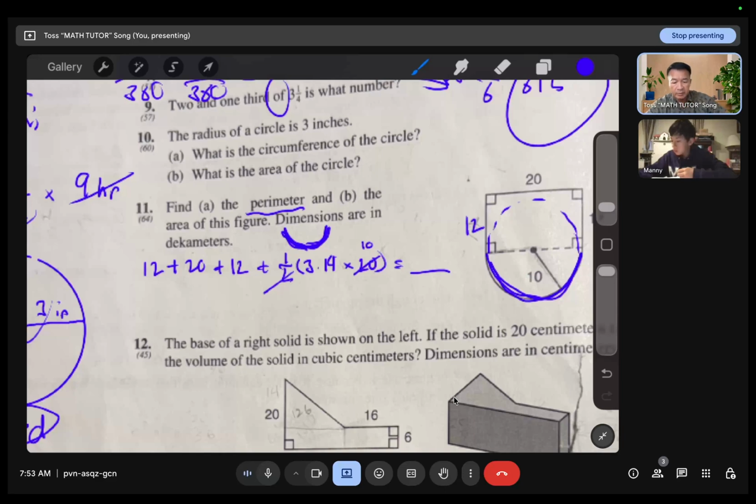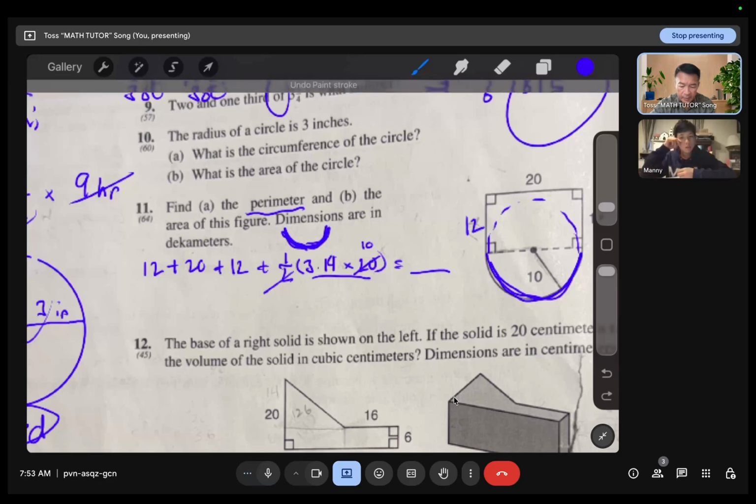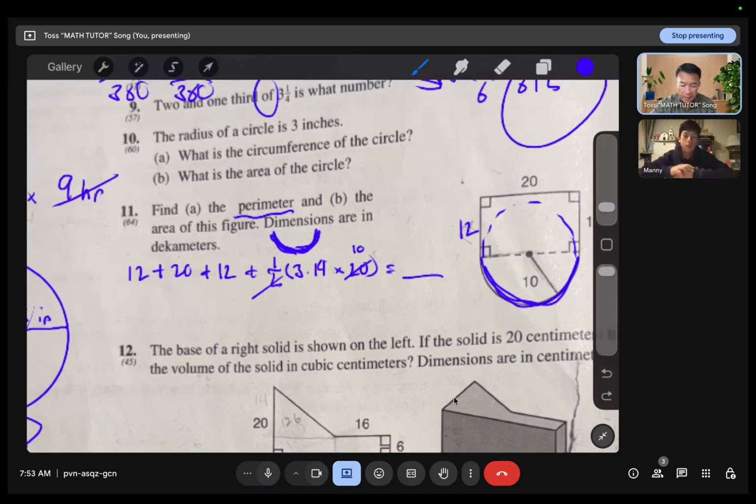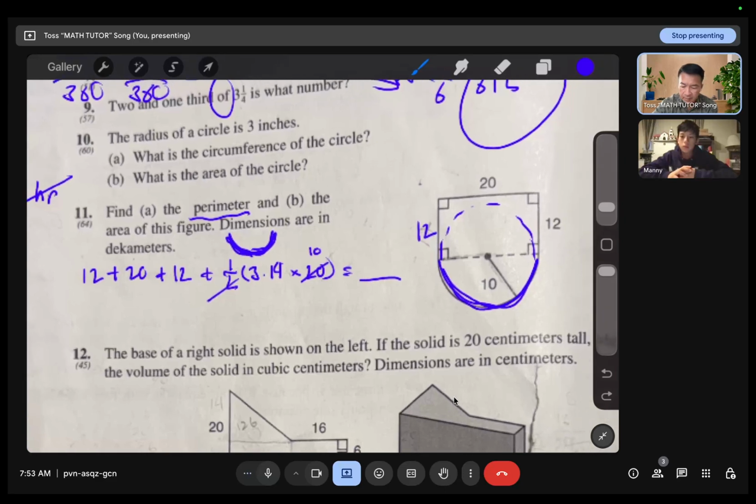Who said that you want to do 3.14 times 20? You can do 20 times 3.14, but you have to cross cancel a pair at a time. Like this whole thing is over 1. I hope you're okay with that. And the unit's going to be, what is it? Decameter.